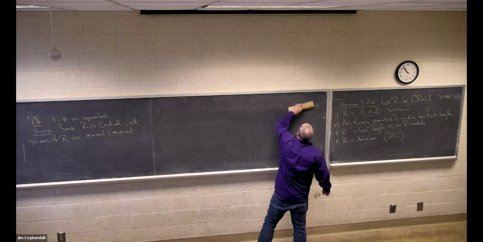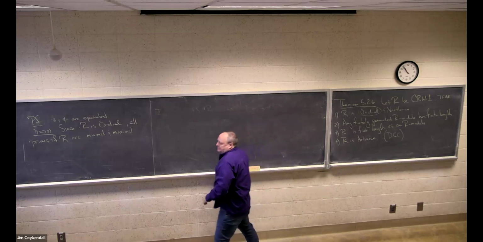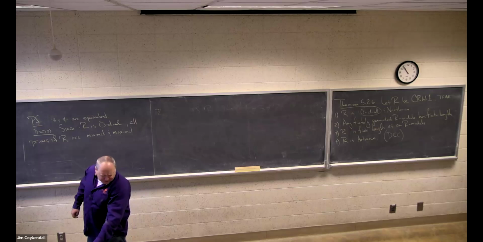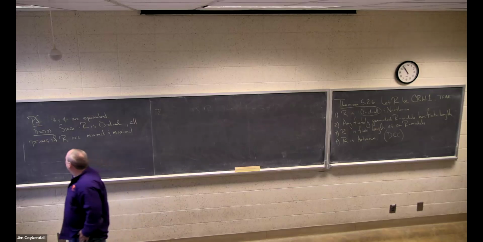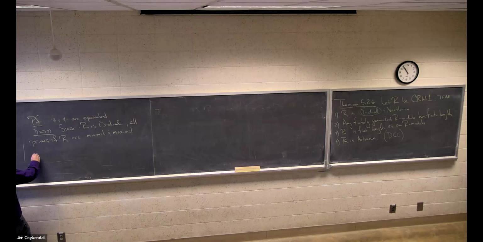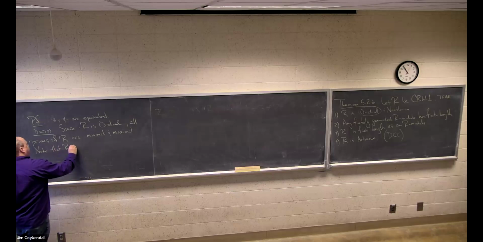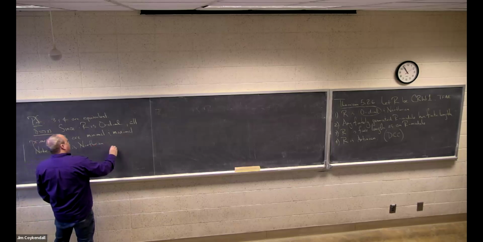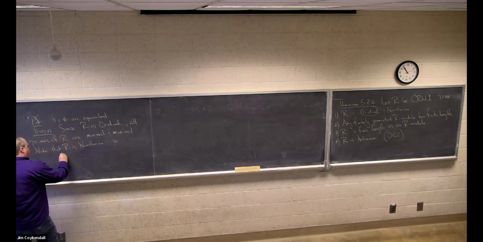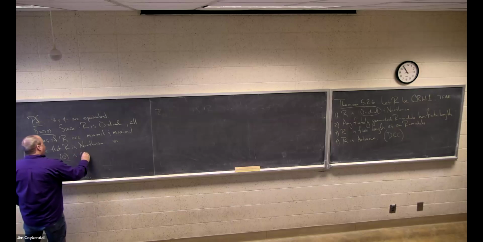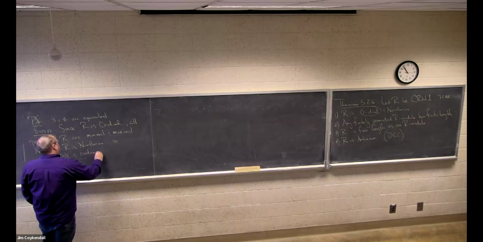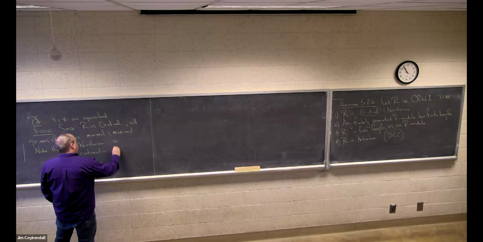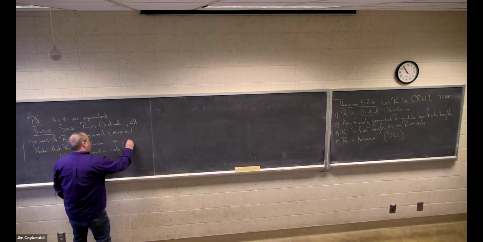The first thing to notice is that R is Noetherian, so 0 is contained in only finitely many primes.